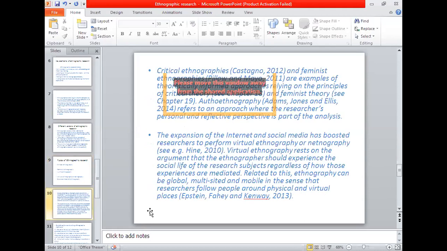Okay, so now look, critical ethnographies and feminist ethnographies are examples of theoretical understandings. They would rely on the principles of critical theory and feminist theory.